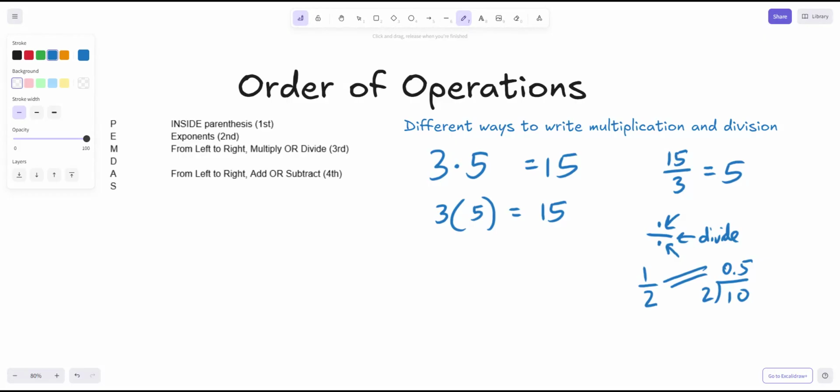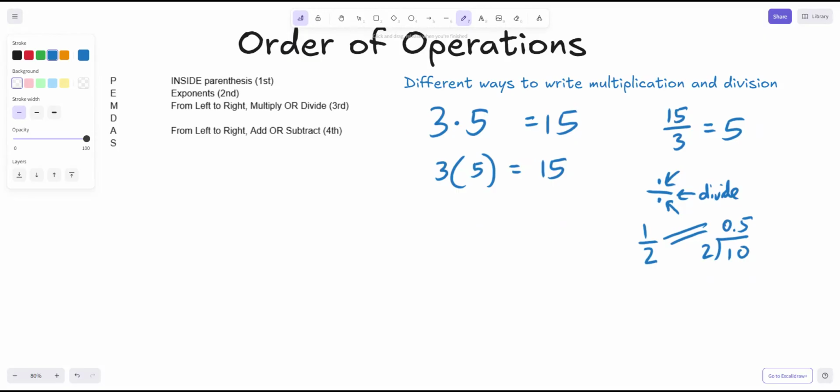Okay, time for the practice problems. Number 1, 2 to the 4th power divided by 8 plus 5. So I check my order of operations. There's nothing inside of parentheses. So first I do exponents. I say 2 to the 4th power.